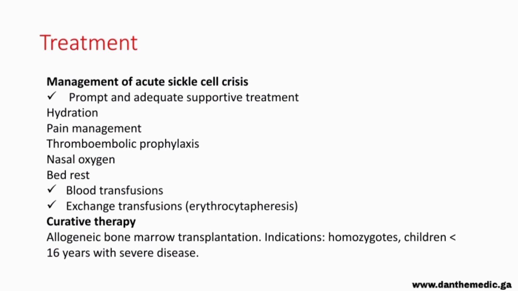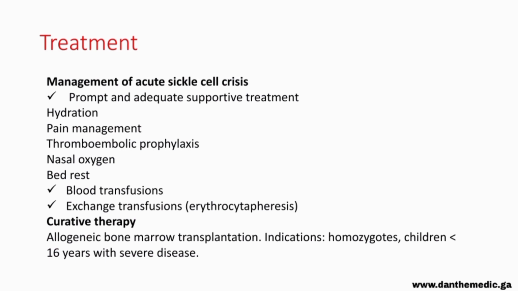The advantages include the fact that there is rapid effect, there is precise control of the amount of hemoglobin S levels, and then also there's control of iron accumulation. In this case, we don't have excess accumulation of iron. But the disadvantages include the fact that it is very, very expensive and the equipments are not readily available. And it usually requires an experienced practitioner.